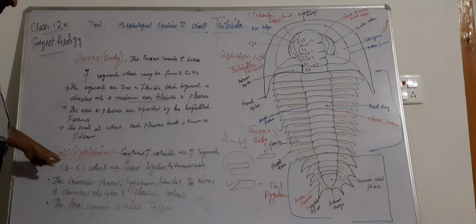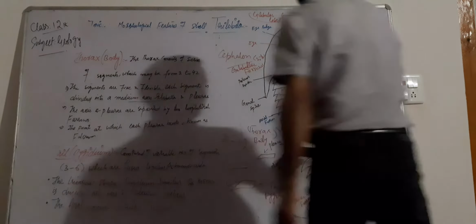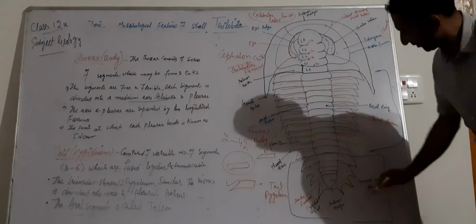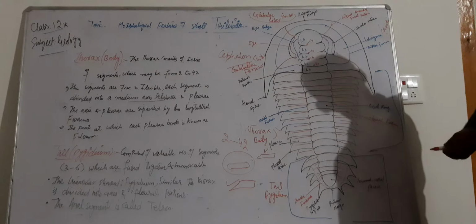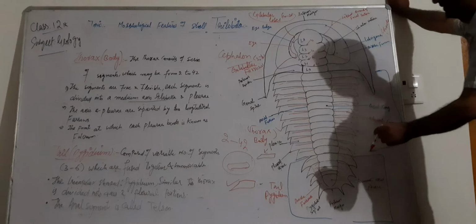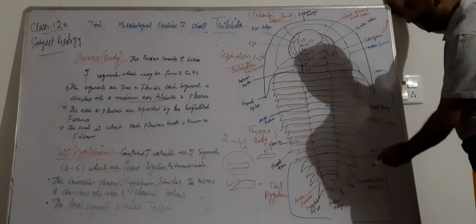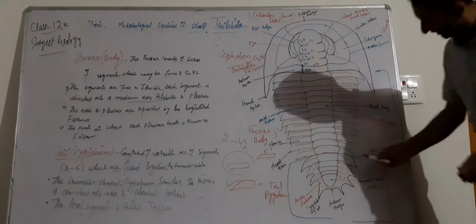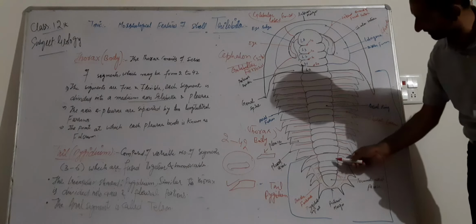Now we are trying to understand the tail, or pygidium part, of this fossil trilobita. Tail in the terminology of this fossil is known as pygidium. It is composed of a variable number of segments, from 3 to 6.